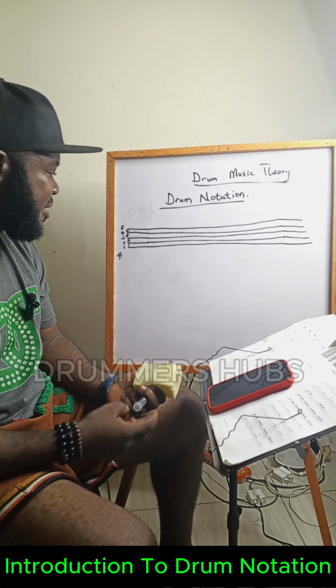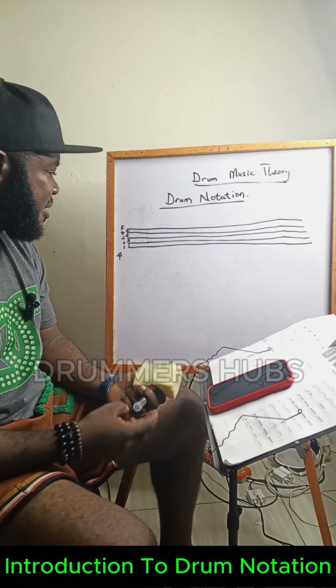So without wasting much of our time, let's go straight to the staff. I've already said the musical staff is made up of 5 lines and 4 spaces, and the counting starts from the bottom. So let's see how that works. We're going to draw out some lines now.